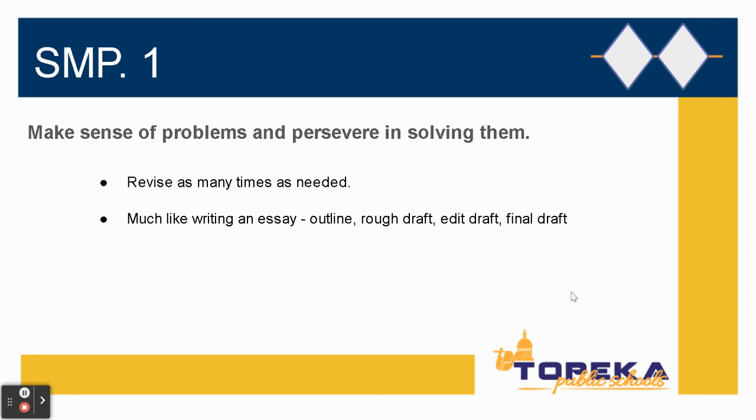And I love this. Robert Kaplinsky said when I took his class that math needs to be treated more like writing an essay. And so that's what this problem-solving framework was all about. You know, with writing an essay, we first have an outline and then a rough draft, and we scratch through this and we scratch through this and make edits before we have that final draft.